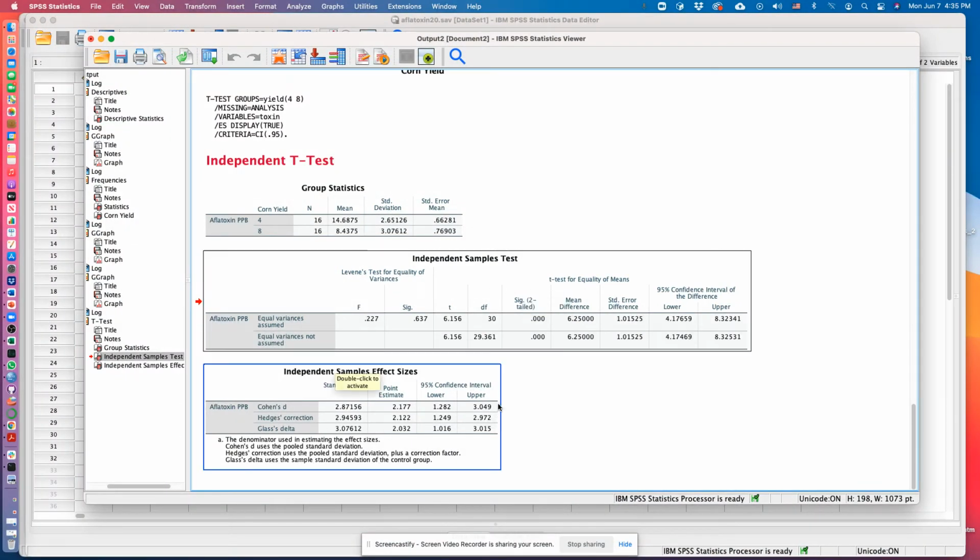Now, this is a measure of the effect size, but we're not going to talk about the effect size right now. There are different ways that you can measure the effect size. And also, these values here are related to whether the variability between the two groups is the same or not, and whether there is a statistically significant difference between the variability of the two groups.